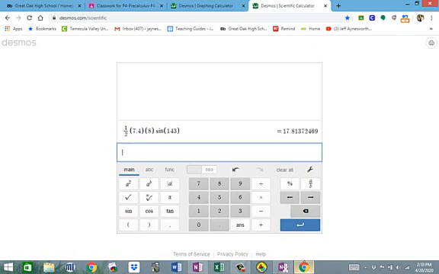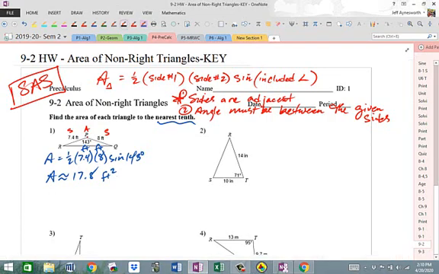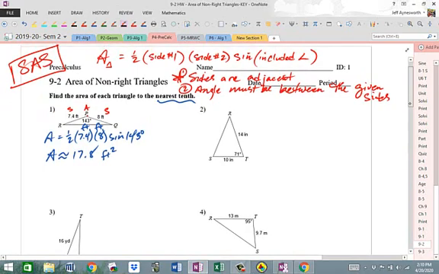Rounded to the nearest tenth, that's about 17.8 square feet. Feet times feet gives you square feet; I always use square units for the area. If you have a side angle side condition, you may use this formula any time. It's the easiest thing in the world, actually.